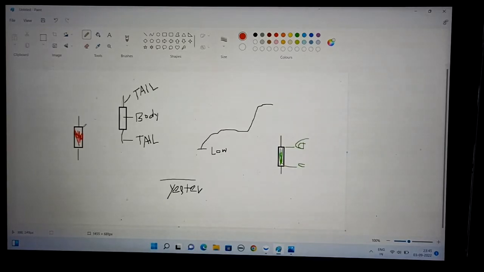This is the opening price, O, and this is the closing price.